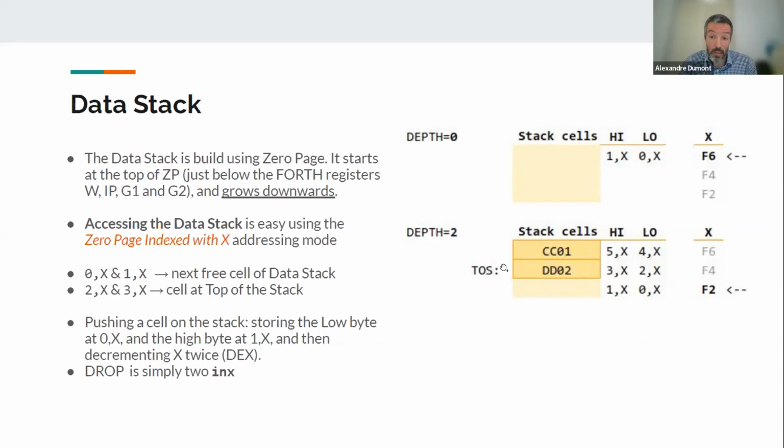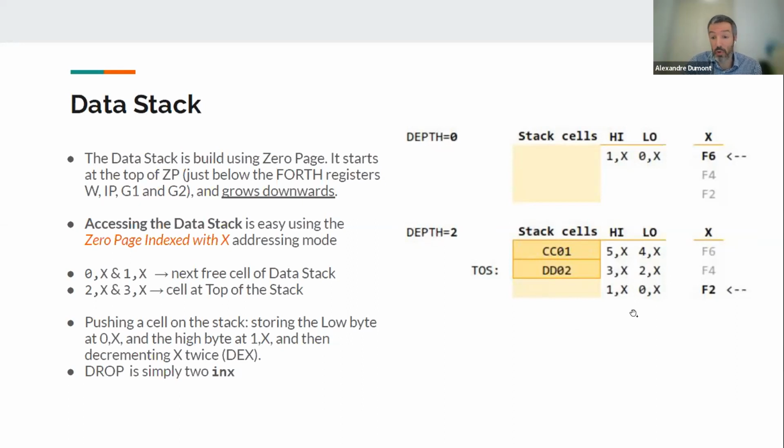If I want to read the top of the stack, I would read at position 2x, which is really F2 plus 2, which is F4, and 3x, which will give me the high byte, which will be 3 plus F2, so F5.